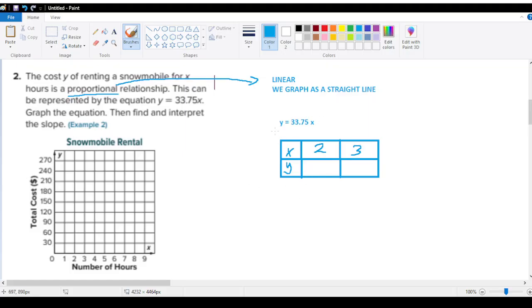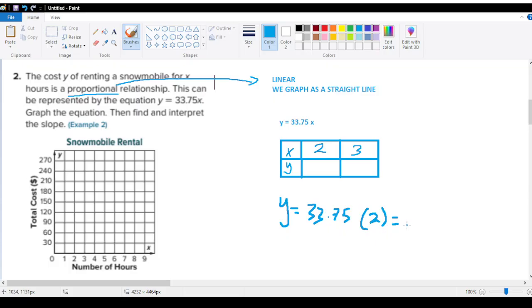So for example, this equation says y equals 33.75 times x. Now we replace the x with 2, so it will be times 2. Can you calculate it for me?